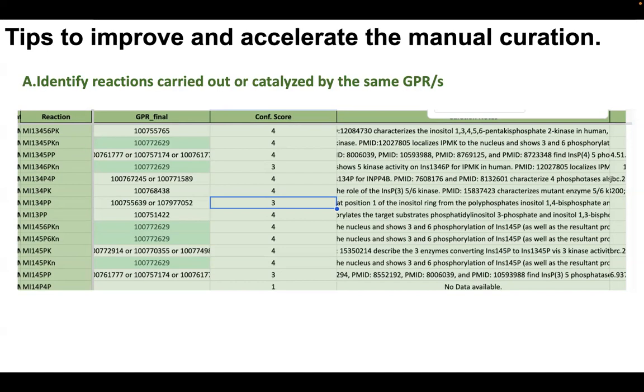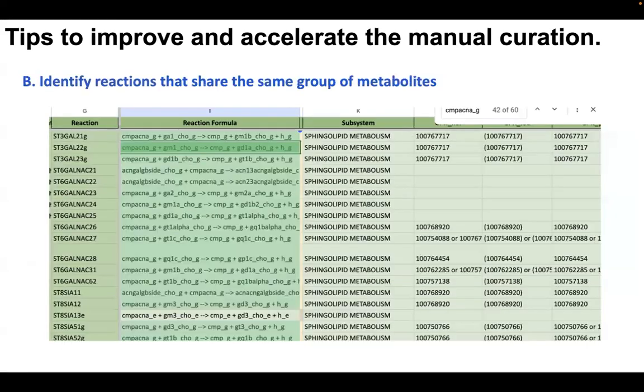If you want to check the job that other curators did, you can do that. You can redefine the confidence score and the GPRs, and you can put your name, your initials next to the other curators' initials.